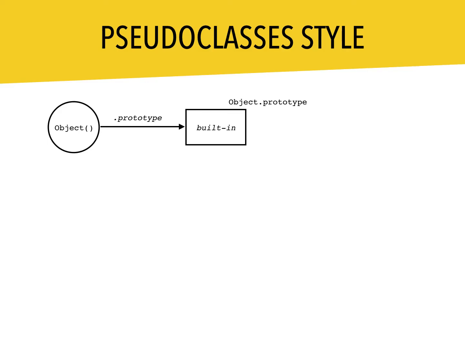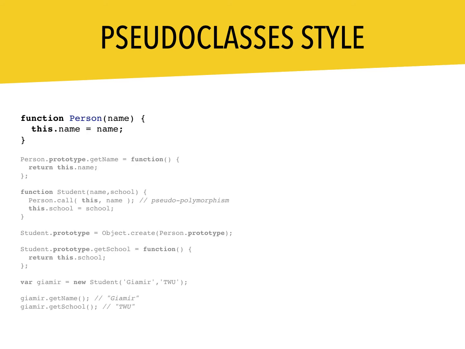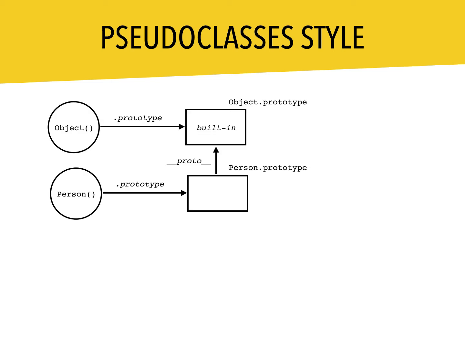The last element of the prototype chain, like I said before, is always Object.prototype. Here we are creating a function Person, and this function Person, like I said before, is going to have a prototype property set to an empty object.